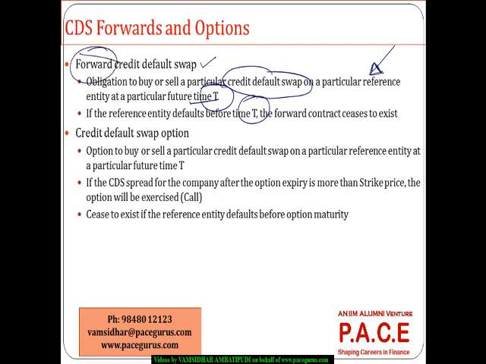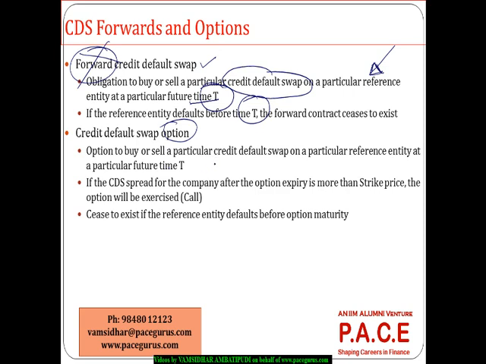Similarly, when I am talking about an option on a CDS, instead of an obligation, one party will have the right to decide whether he wants to enter into a CDS contract or not at some future point in time. If he wants to enter, he can get into it, otherwise he can let it expire.